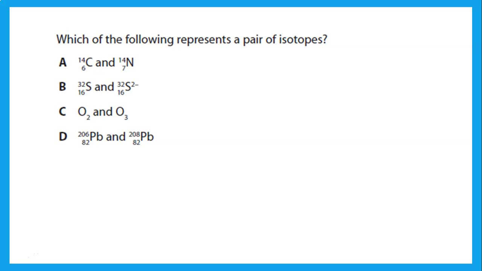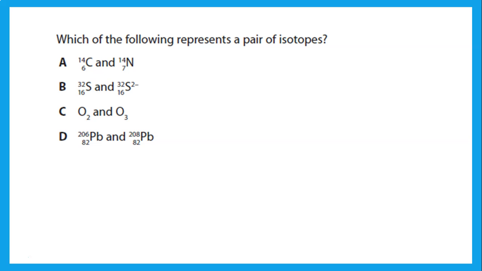So I can't say carbon and nitrogen are isotopes. But also my second choice here says sulfur and sulfur 2 minus. And these are two things that have same number of protons, same number of neutrons. They have the same mass number. Isotopes should have different mass numbers. So this S2 minus is just the ion after the sulfur has gained 2 electrons.